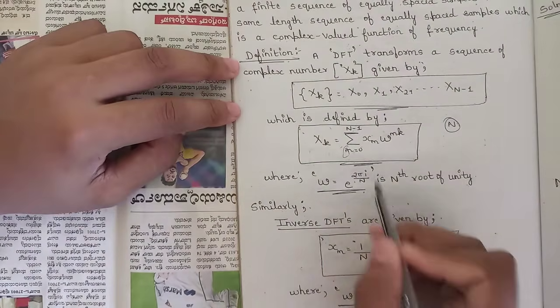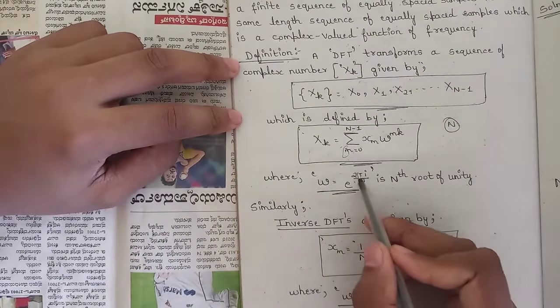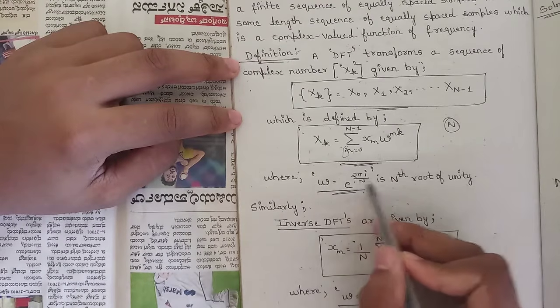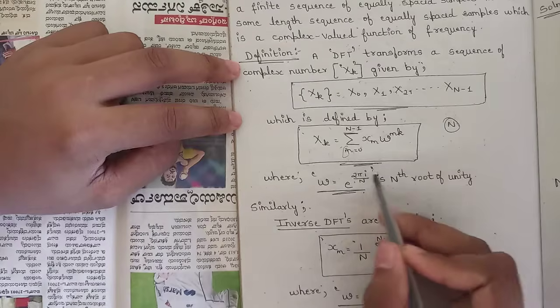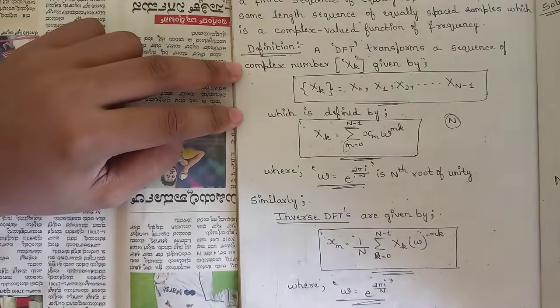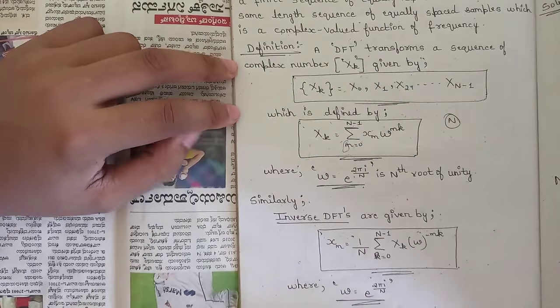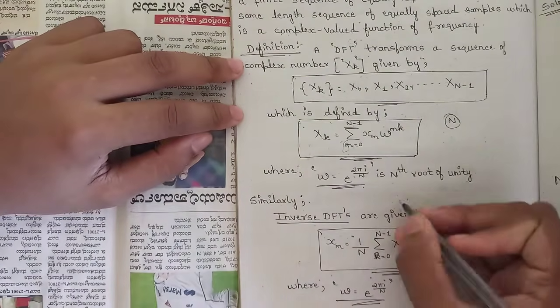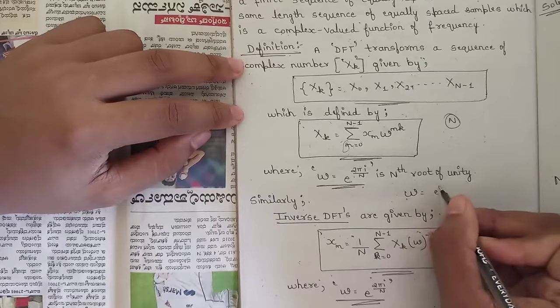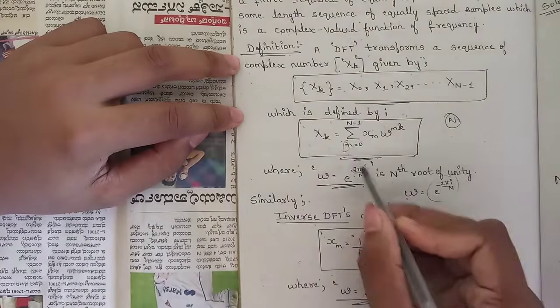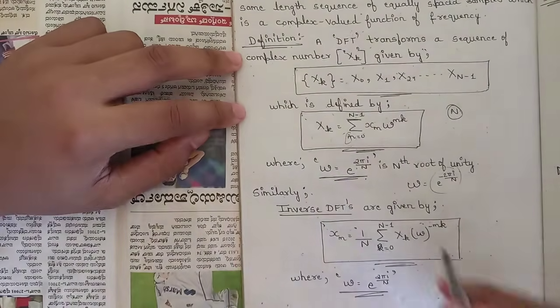Here omega stands for e to the power 2 pi i by N, where i is called iota, the imaginary term, and omega is also called the Nth root of unity. This omega can also be written as e to the power minus 2 pi i by N. It is one and the same, but in solving problems, this form is better.